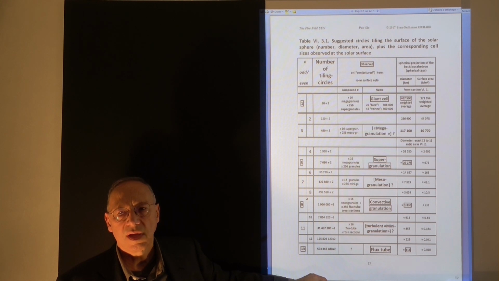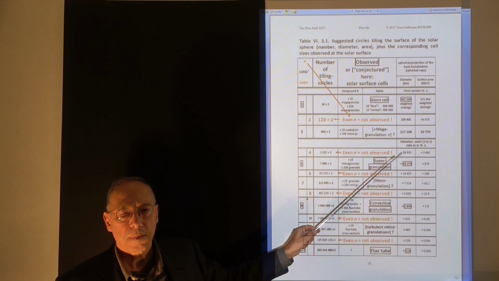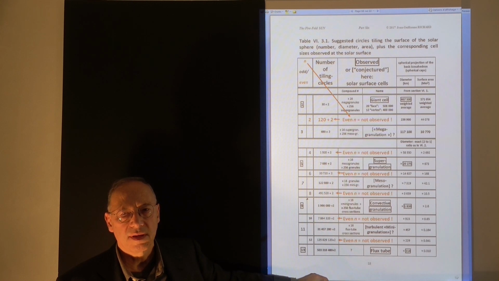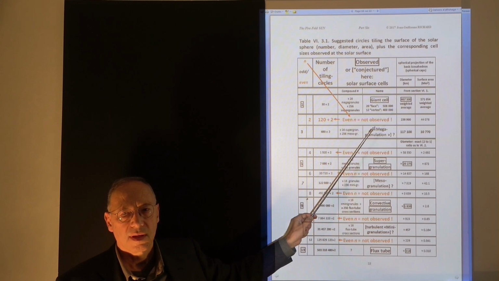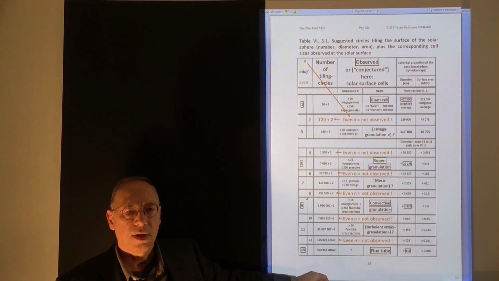You see that in the table there are voids, so we shall see why. The voids are at each even value of n, and the odd values correspond to actually observed or at least conjectured in the literature solar cells.